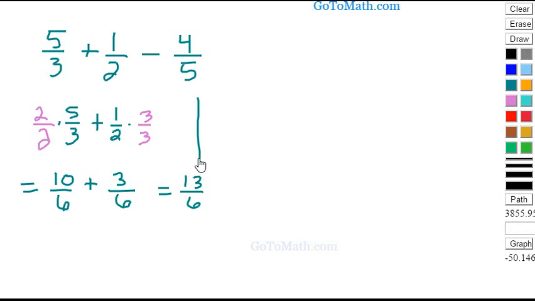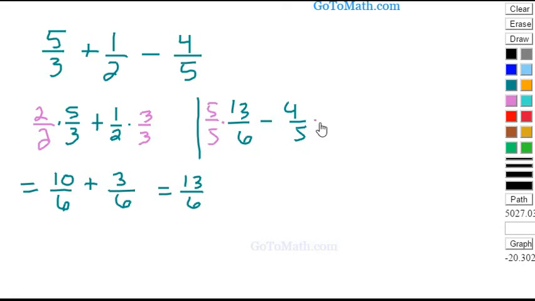So now where we're at is 13 over 6 minus 4/5. So like I said, you could have done this all in one fell swoop, but I'll do a piece at a time here. What do we got going on here? We're going to have to multiply this side by 5 over 5.